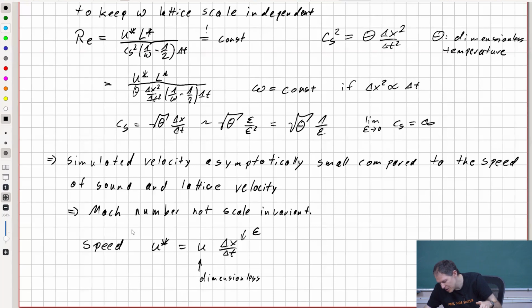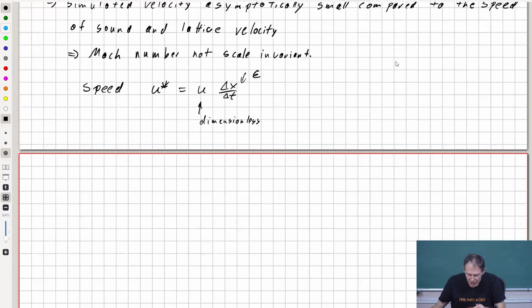So maybe I'll briefly recharge. So what does this mean for our simulation? The U that comes out of our simulation will now be written like this.